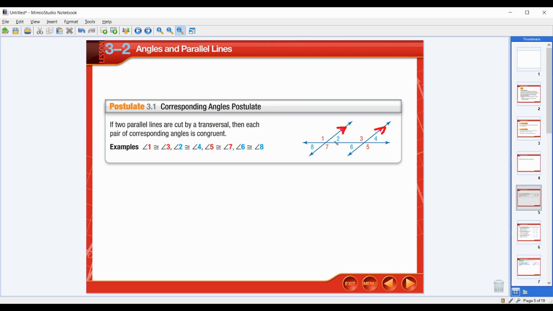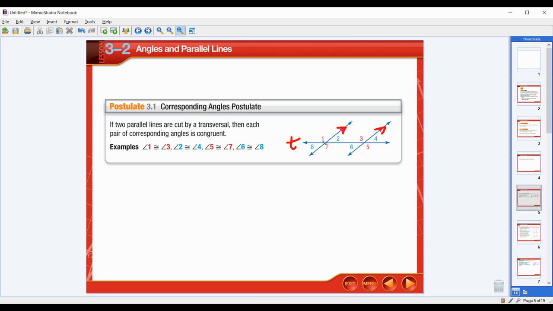And we would still have some corresponding angles. Just like yesterday when we talked about corresponding angles, we said one on the outside, one on the inside, and they are on the same side of our transversal. If you couldn't tell already, this horizontal line here would be our transversal.